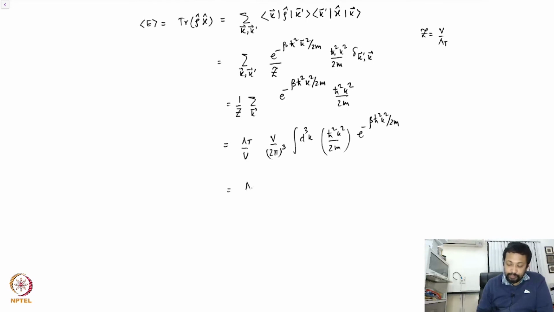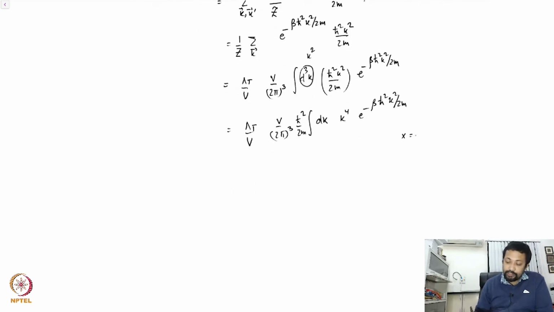So which means I have lambda t over v times v over 2 pi whole cube, h bar square over twice m, integral dk. This gives me a factor k square, and there is already a factor k square, so this is e to the power minus beta h bar square k square over twice m.